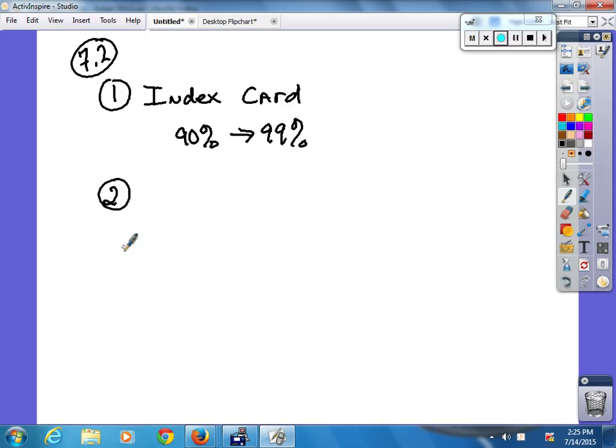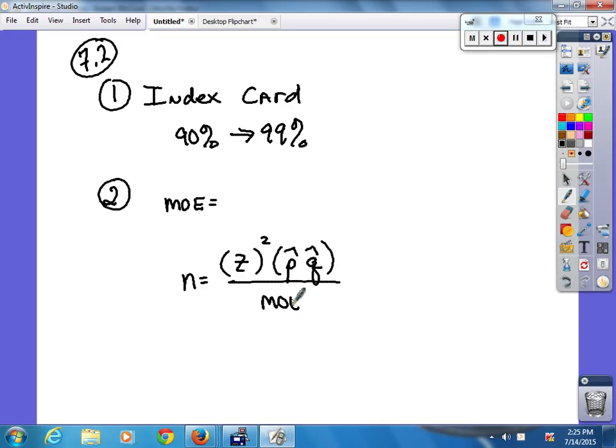The first one is the margin of error, and that's equal to, I'm thinking, PQ over, I done lost it. I know n, we just did n. n is equal to your z-score squared times p hat, q hat, over margin of error squared.